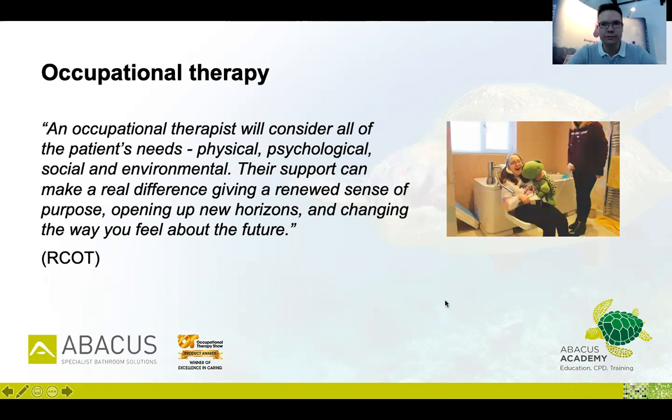And the Royal College define occupational therapy as someone who will consider all of the patient's needs, physical, psychological, social, and environmental. It says that support can make a real difference, giving a renewed sense of purpose, opening up new horizons, and changing the way you feel about the future.